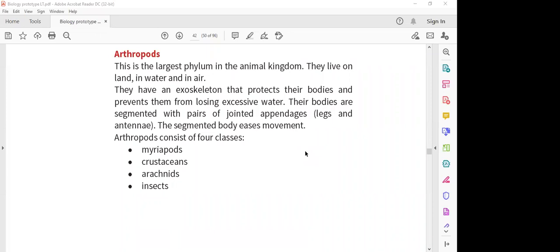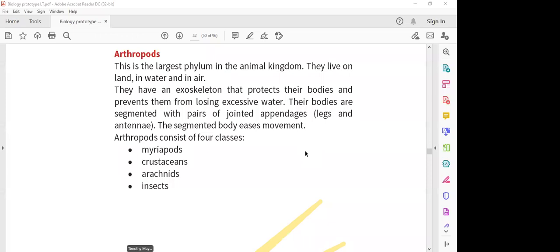On land, it is very dry, and the organisms which live on land have a problem of what we call desiccation, that is drying out and losing excessive water. So since they have an exoskeleton, it can prevent excessive water loss. That's why they can survive. They have managed to survive very much on land and in many other habitats.